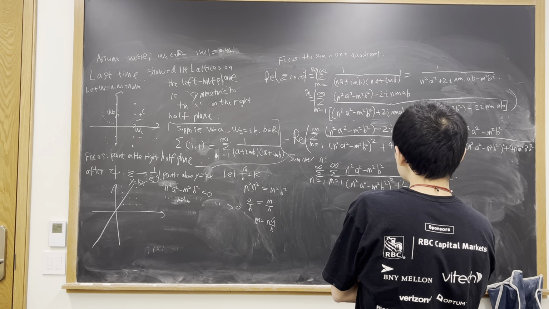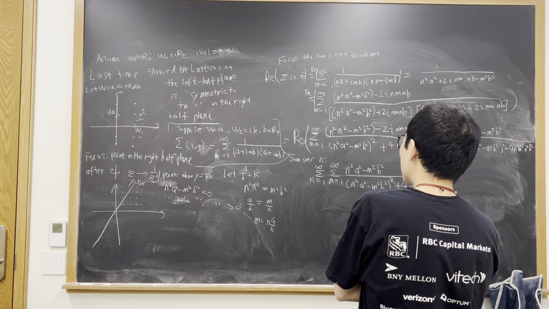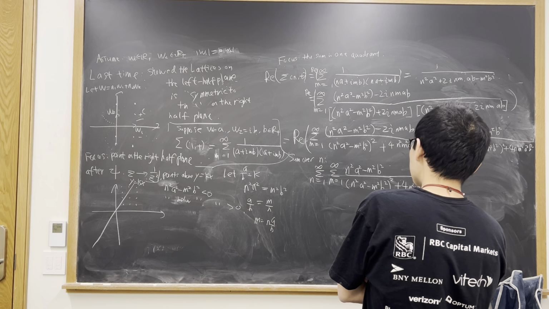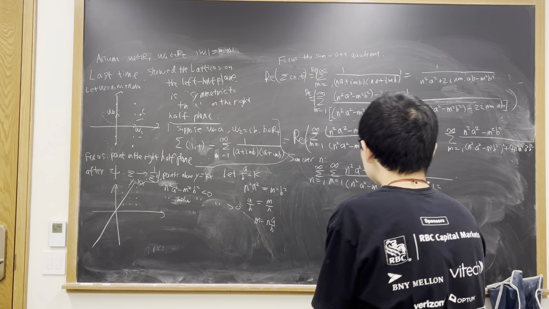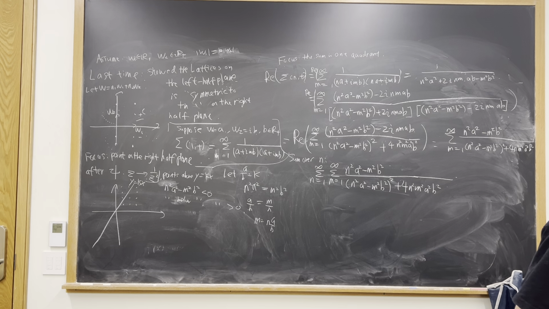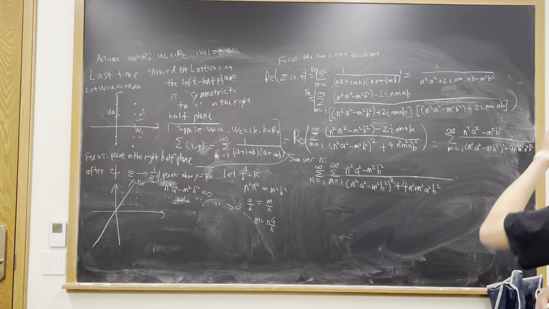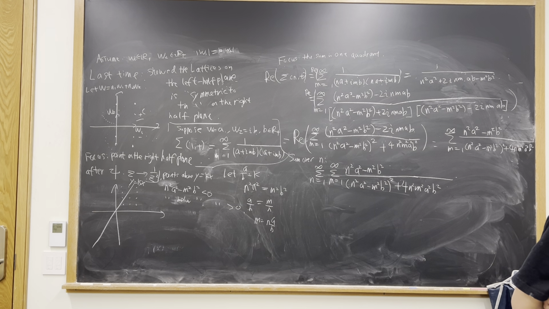You always have the n as the positive part. Wait, I don't think I'm allowed to separate these two, right? Can I separate the n squared a squared and the m squared b squared? I don't think I'm allowed to do that.